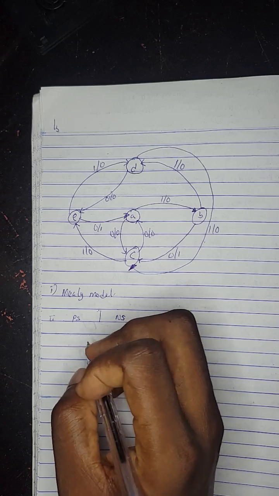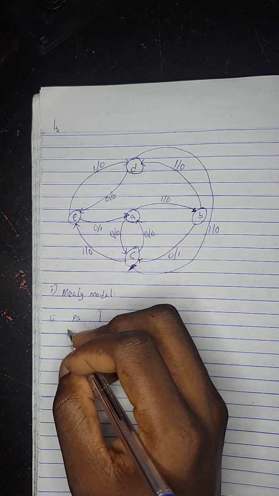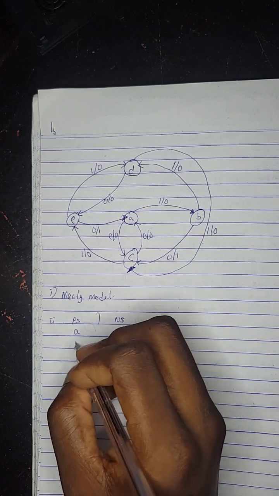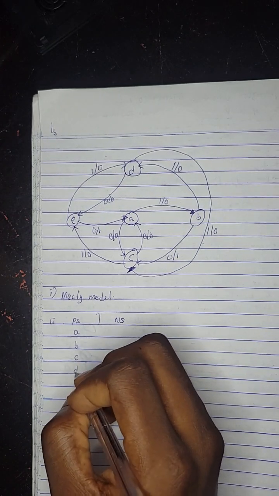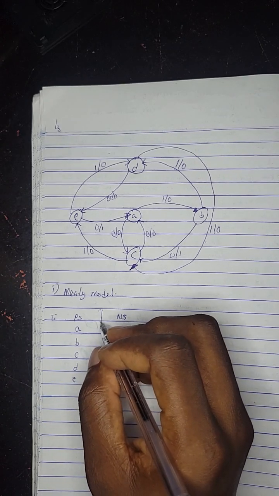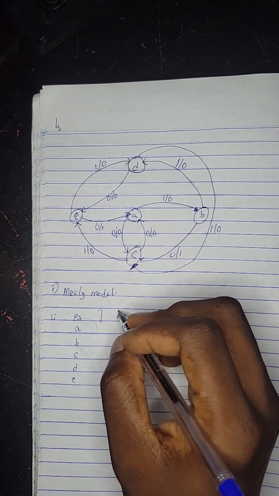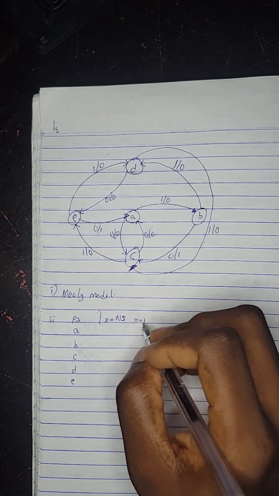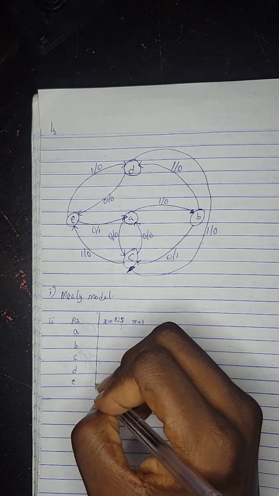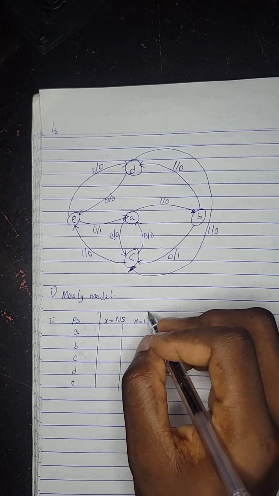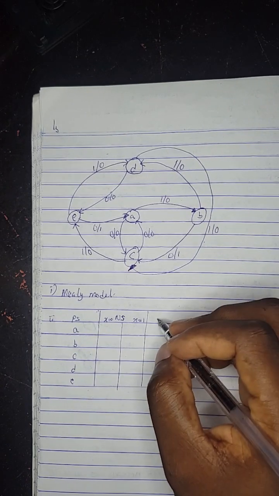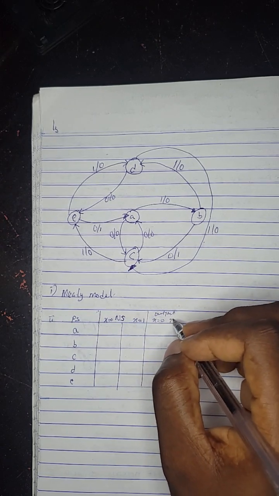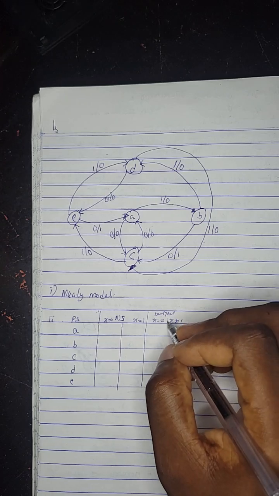For this one, the present states are A, B, C, D, and E. Then the next states when x equals 0 and when x equals 1, and the outputs when x equals 0 and when x equals 1.